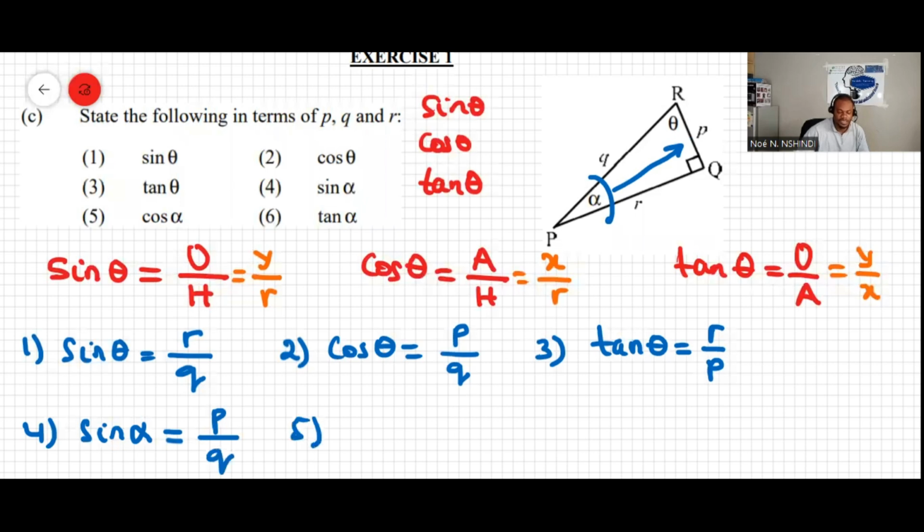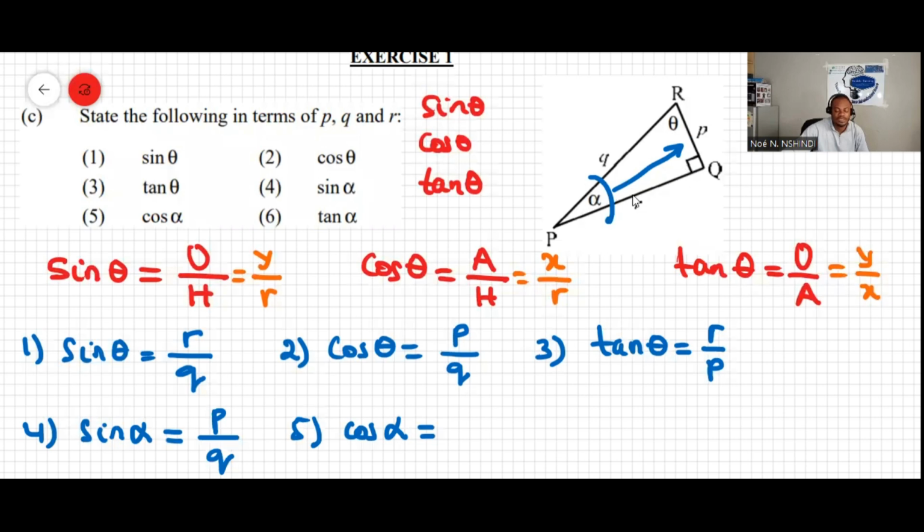5. We have, they said, what is cos of alpha. I'm going to write here. Cos of alpha is adjacent over hypotenuse. So now I'm going to look at the side that is adjacent to alpha. Adjacent side is always between the angle and the 90 degrees.